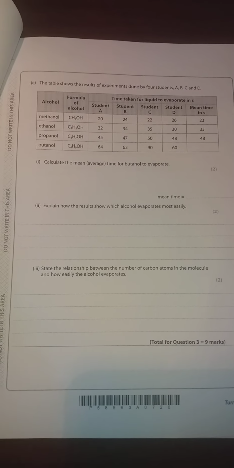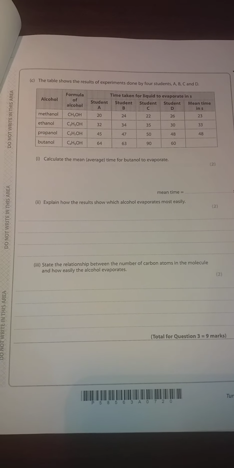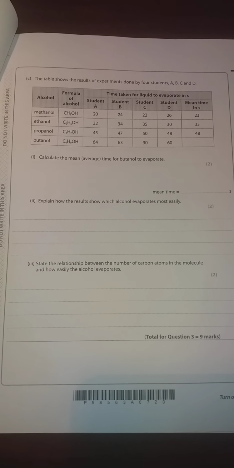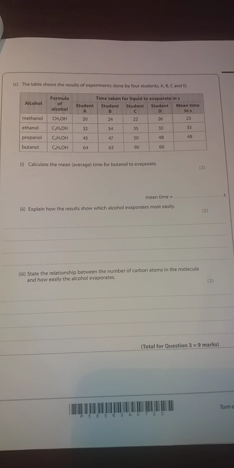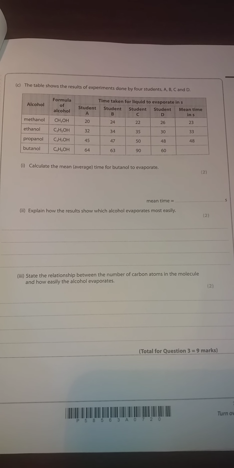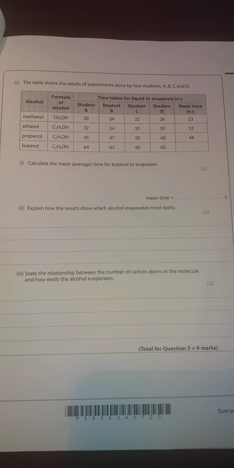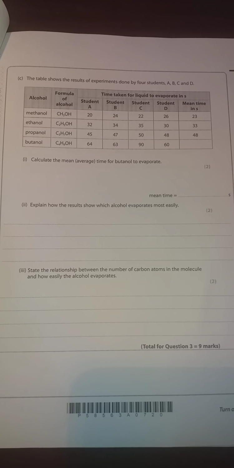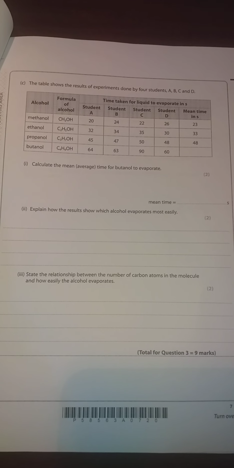Next question, still on those alcohols. They say the table shows the results of the experiments done by 4 students. So the experiment tends to be valid because it was repeated. We have got methanol, ethanol, propanol, and butanol, and student A, student B, student C, and then student D. And then they work out what we call the mean time taken for the alcohol to do what?